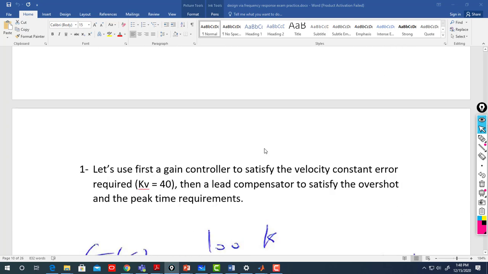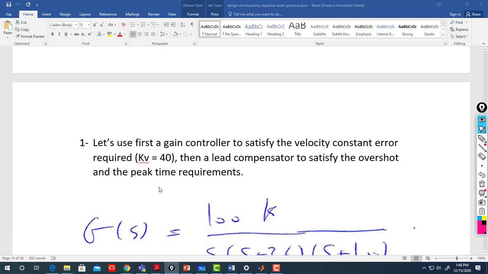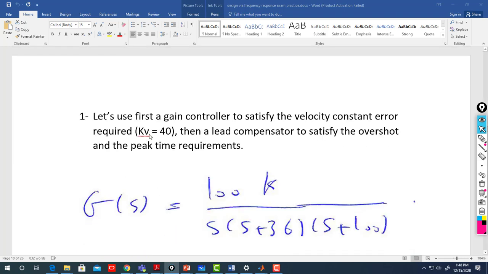So the first step in designing the controller, the compensator, is to satisfy the velocity error constant kV equal to 40.